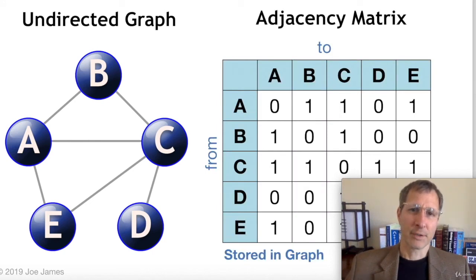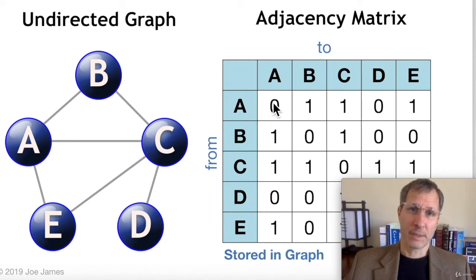Now, using the same undirected graph, we could implement this using an adjacency matrix. An adjacency matrix has all the from vertices and to vertices, and it puts a 0 where there's no edge and a 1 where there's an edge. So here we can see from A to B there is an edge.